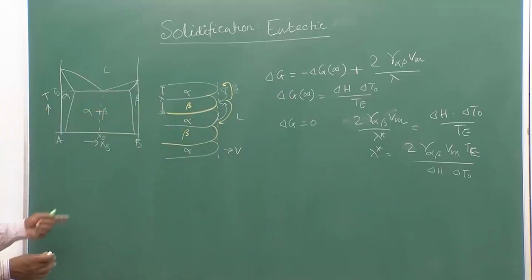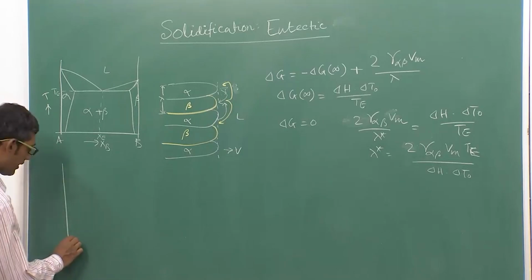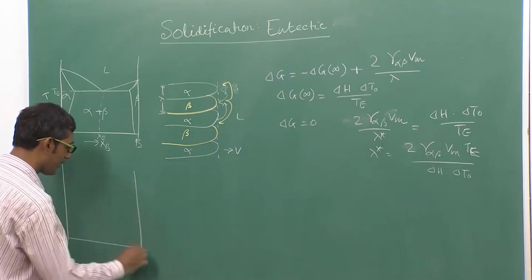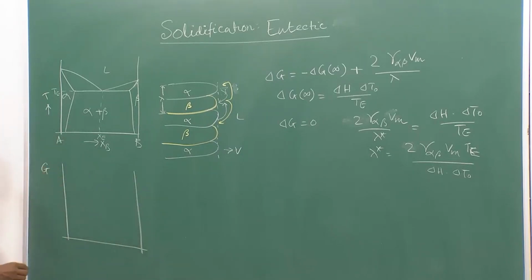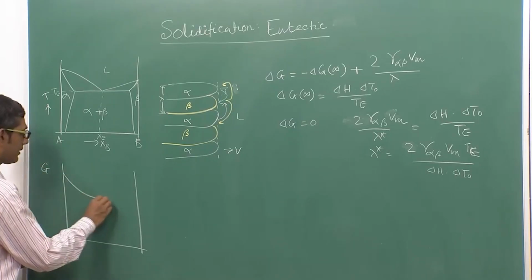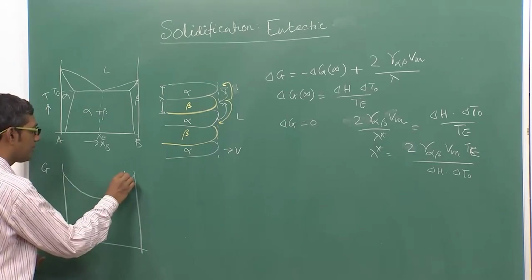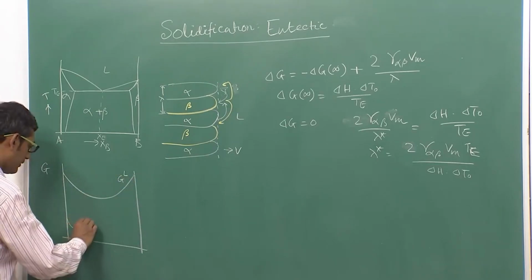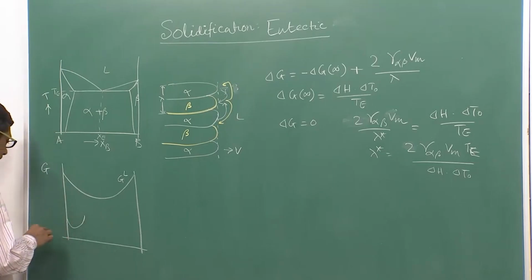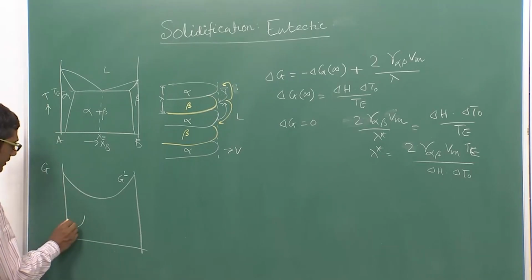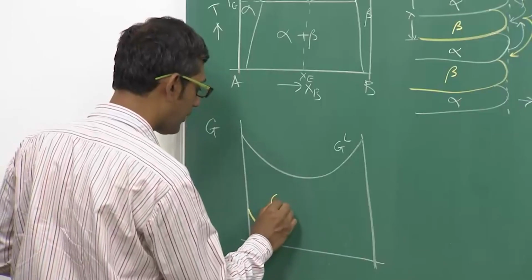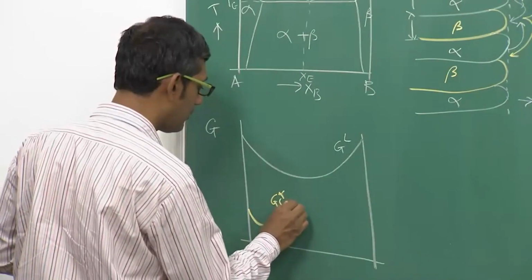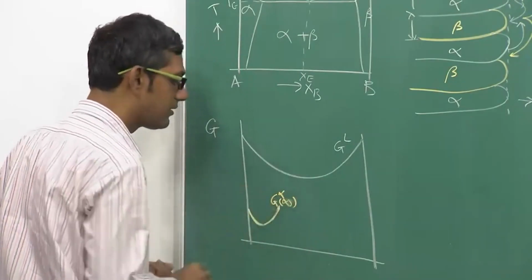So as we see, if I have to draw the free energy versus composition diagram to show you this aspect, let me just draw it and show you. Suppose this is G. Let us suppose liquid has a free energy curve like this, GL, and the free energy of the alpha, when lambda is infinity, is this.